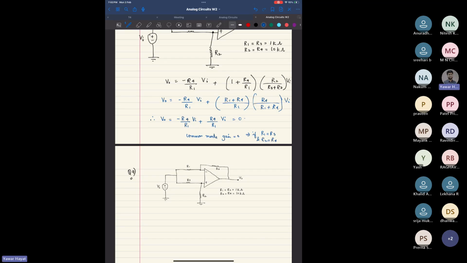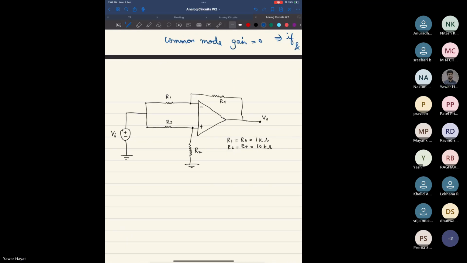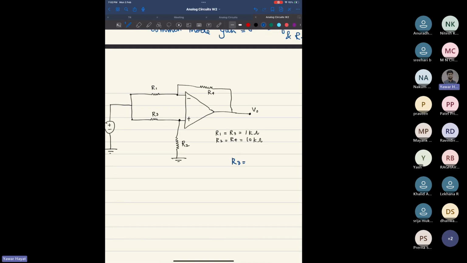Now, if I plug in the values, just a second. If you change R3 to 900 ohm, okay? Suppose now R3 is 900 ohm, but R1 is still 1 kilo ohm.